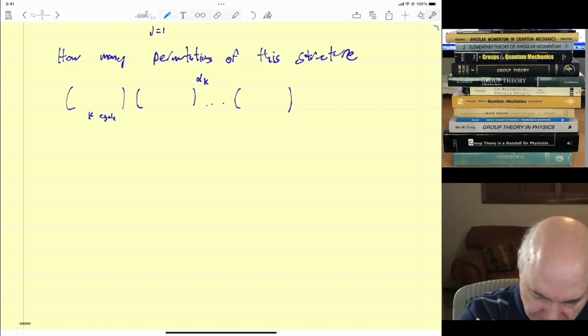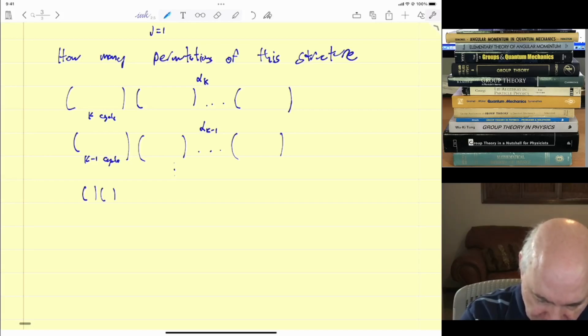And then we have k minus 1 cycles, and we have alpha k minus 1 of these. And we go all the way down to our 1 cycles, and we have alpha 1 of these.